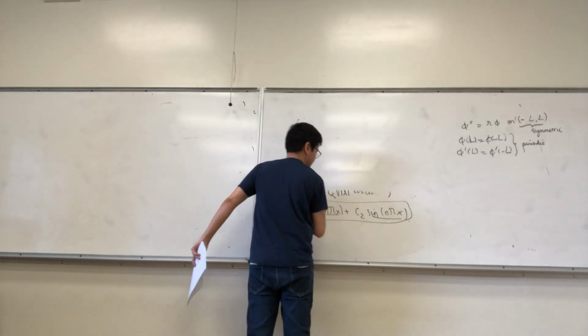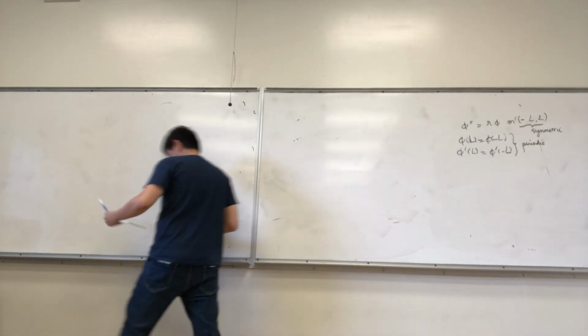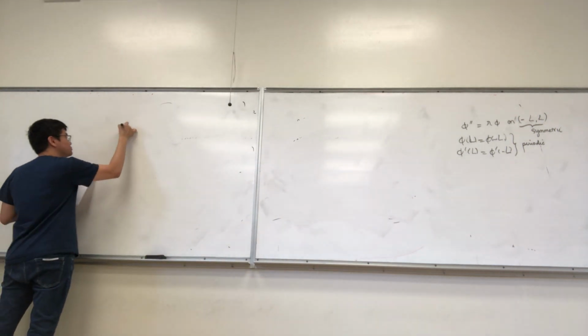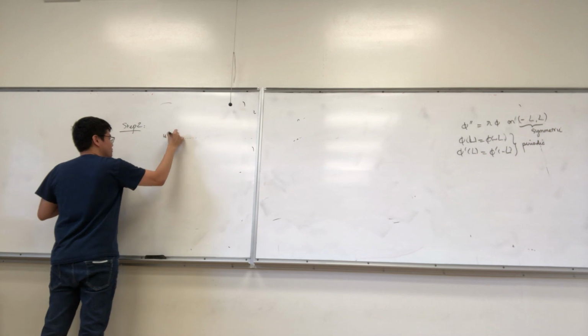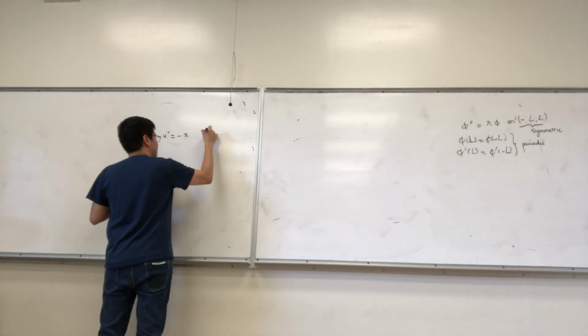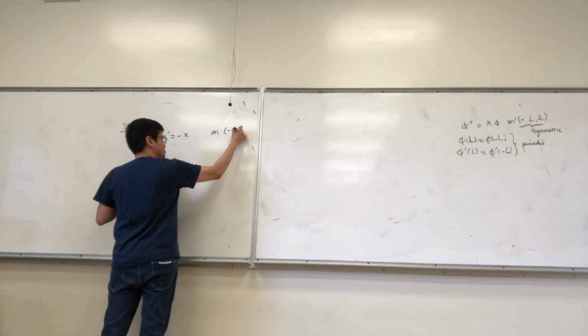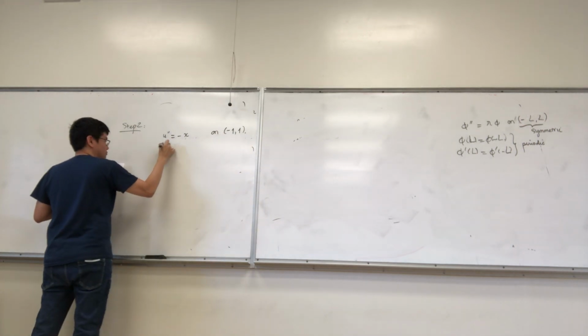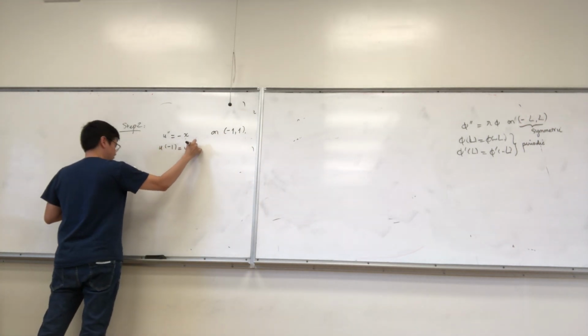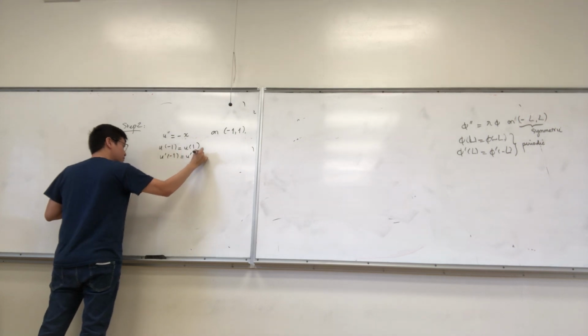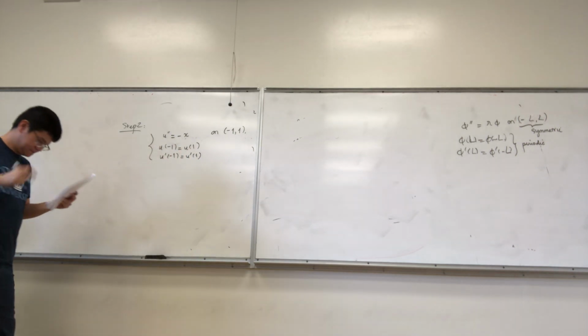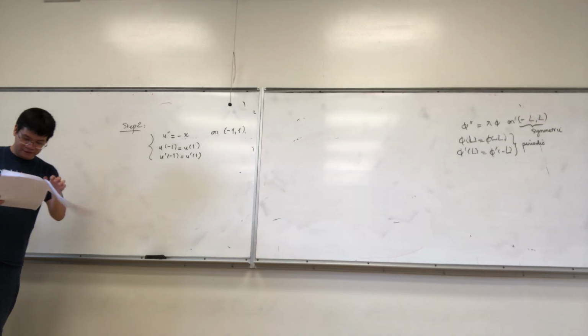Step number 2. So I write out the form of the equation on minus 1 to 1, with u of minus 1 equal to u of 1 and u prime at minus 1 equal to u prime at 1. Alright? So what is the next step?